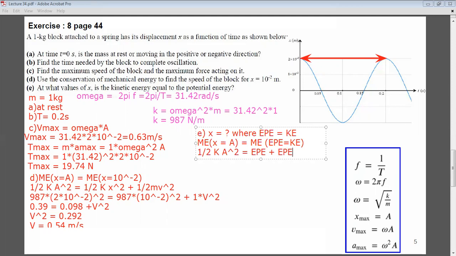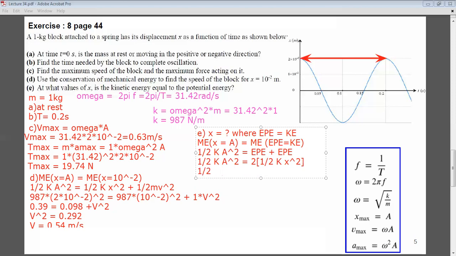Notice I didn't say kinetic energy plus kinetic energy, because then I would be solving for v. The question is to find x. So I have to keep here EPE. So I have half K A squared equal 2 EPE, which is 2 times half K x squared, right? Now I just solve for this. 2 times half is 1.